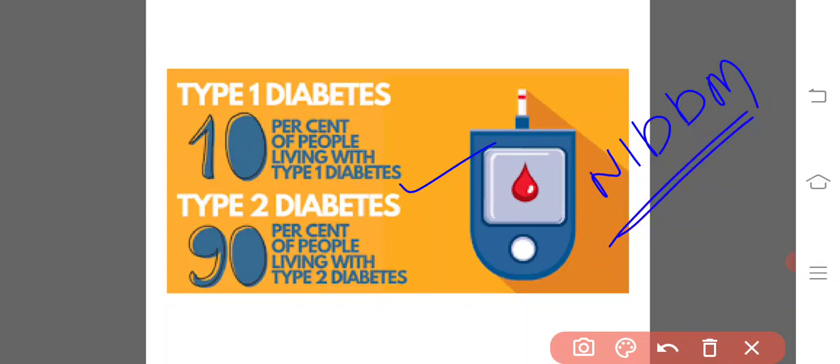So injection of insulin may not cure the disease, because here an abundant amount of insulin is there, but the cells of the individual, the target cells, may not respond to the insulin. That is the problem in non-insulin dependent diabetes mellitus, NIDDM.